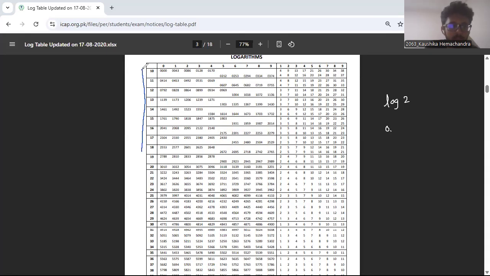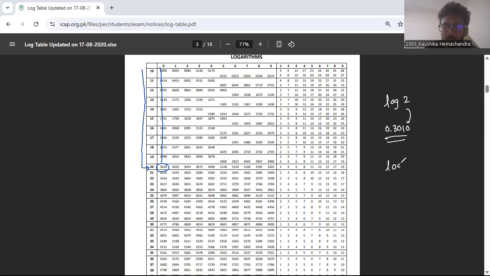You first find it here, it's 20, but it's 2, right? In the 0 column, because if it was 21 they would take this value, if it's 22 it's like that. So 3010. 0.3010, that's the answer. This is the power, right? 10 to the power 0.301 is 2.